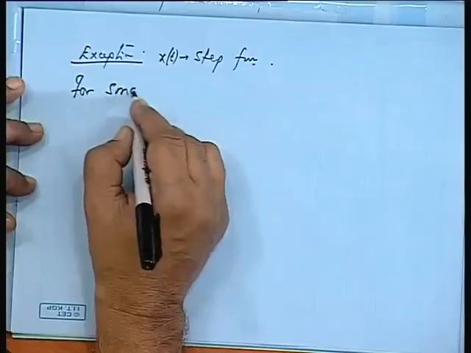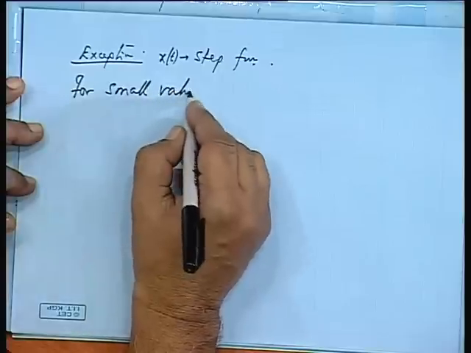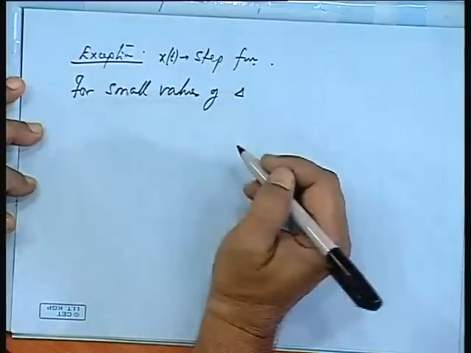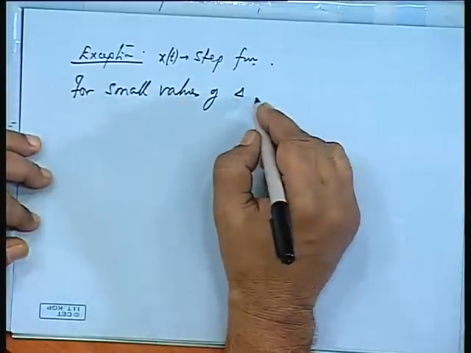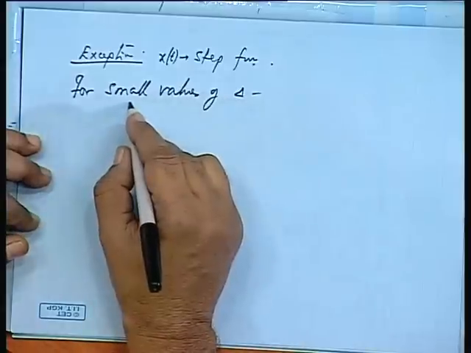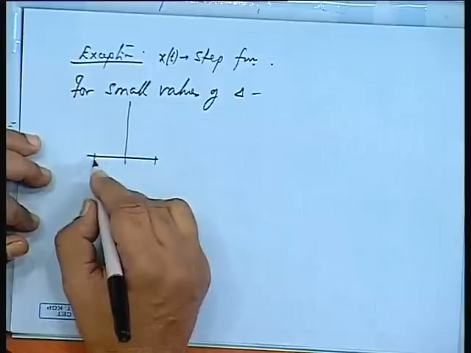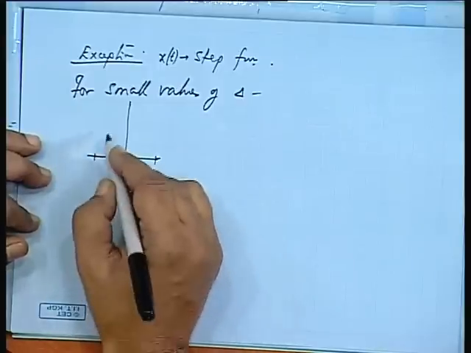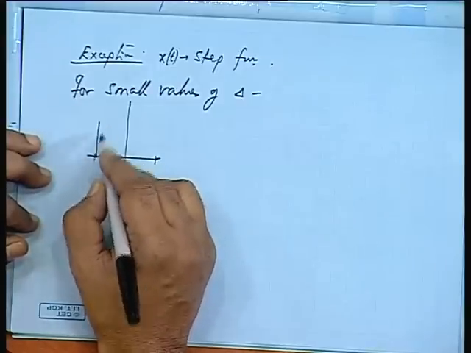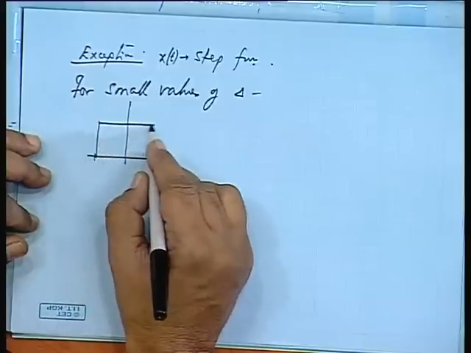For small values of delta, it will be more close to a uniform distribution.